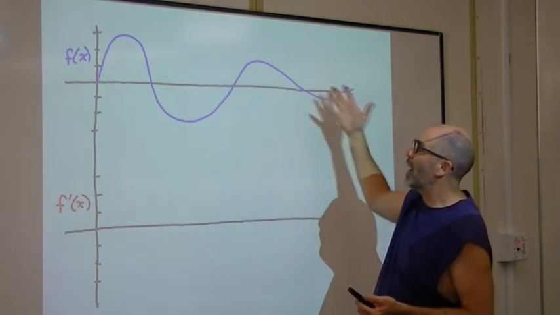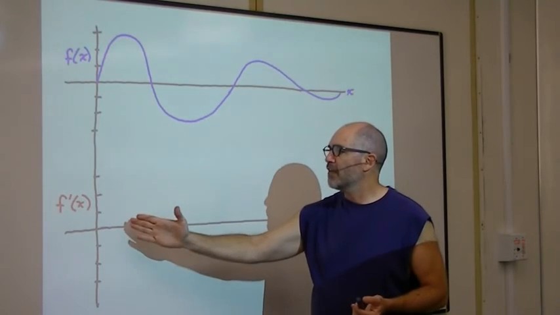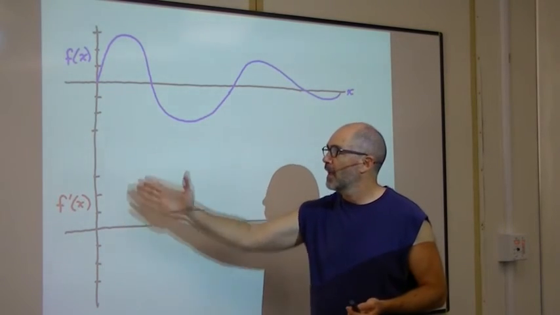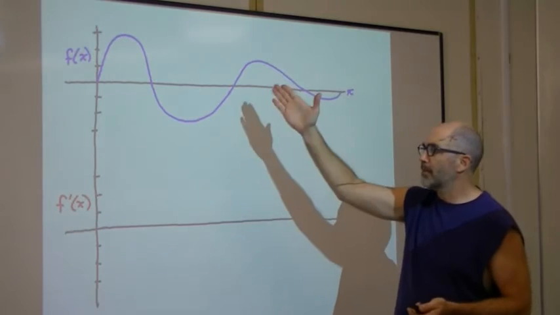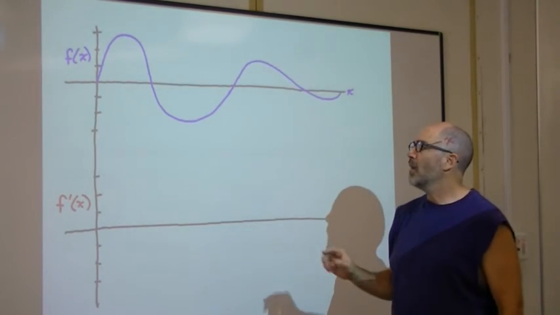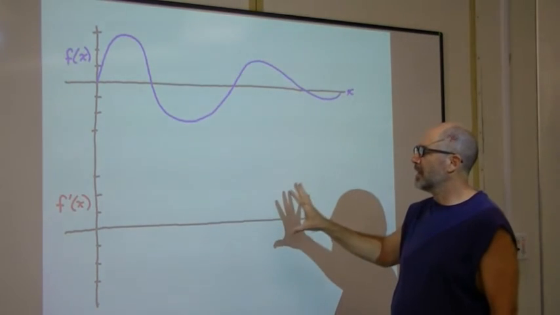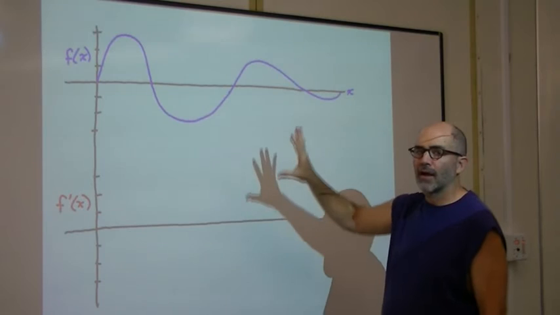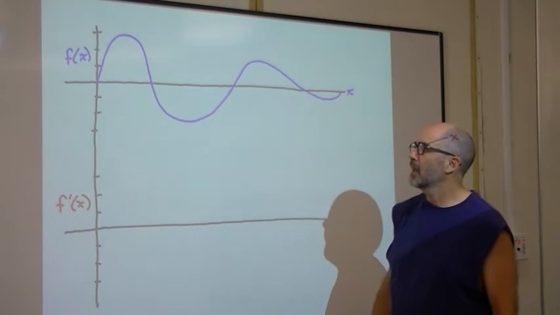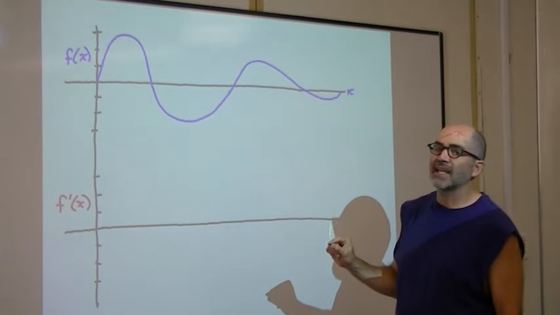We just have this graph of f of x. Now, we're going to make a graph of f prime of x that's going to correspond point by point with f of x. Now, the key thing is, the graph down below is going to be the slope of the graph up above.